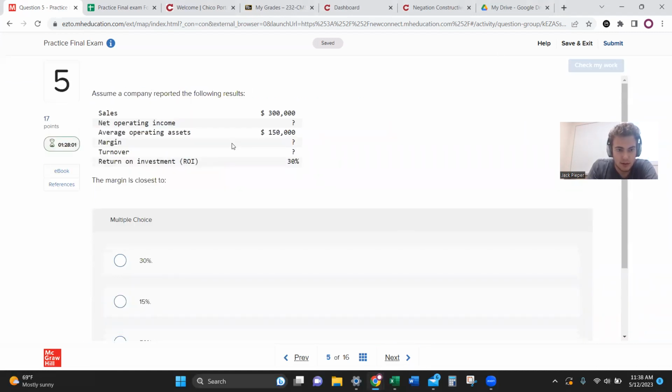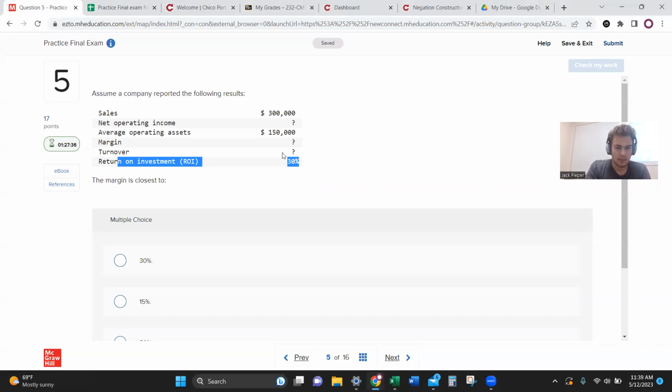assume a company reported the following results. The margin is closest to. Okay, so this one's kind of tricky, but it's not really that tricky. So we know that our return on investment is 30%. So we can do our average operating assets of 150,000 times 0.3, 30%.